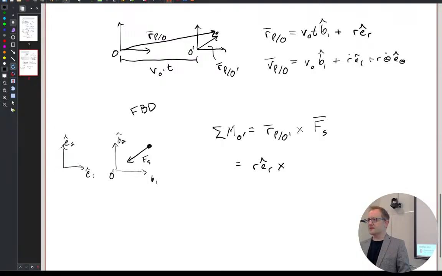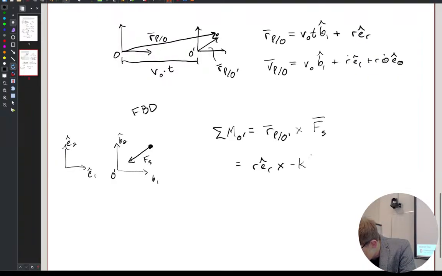What is the force of the spring? I know it's a negative K, and I know how big it is: R minus L0, if I say there's some unstretched length, and then R minus that unstretched length. But what direction is it pointing in?